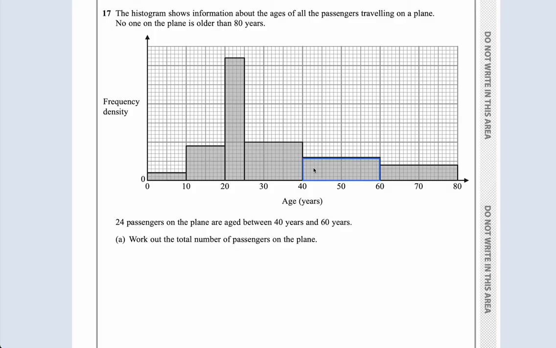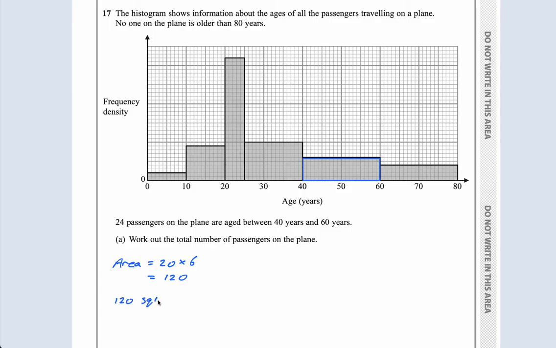So the area of this blue area is equal to the length, which is 20, because 40 to 60 is obviously 20, and the height is 1, 2, 3, 4, 5, 6. 6 small squares. So the area is 120. And he says 24 passengers are in this range of ages.